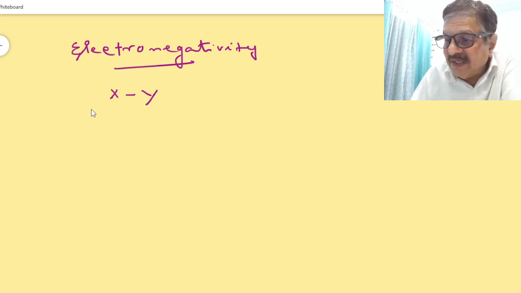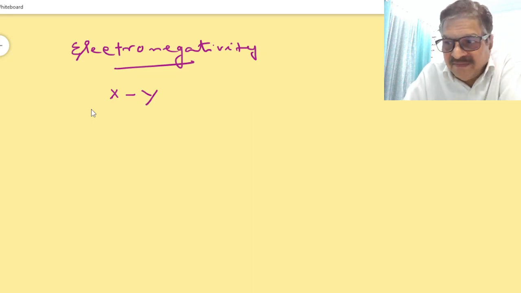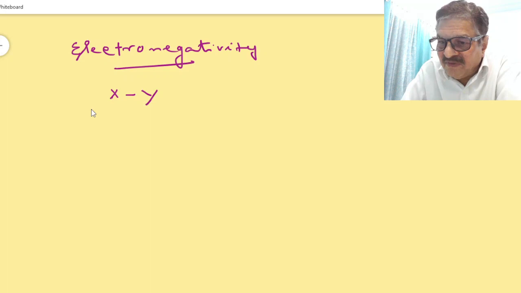Less electronegative means it is more electropositive. One is electronegative, the other is electropositive. Therefore electronegativity values are relative and are used only for comparison purposes.